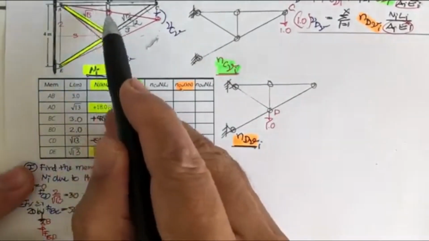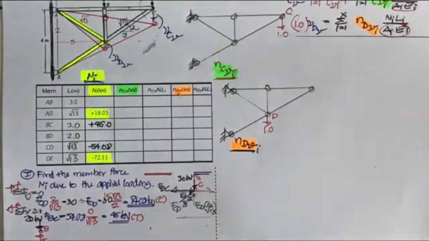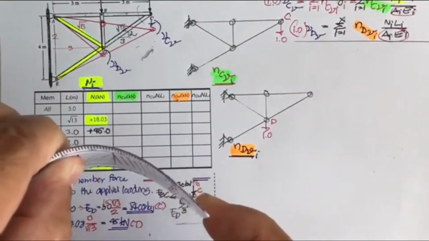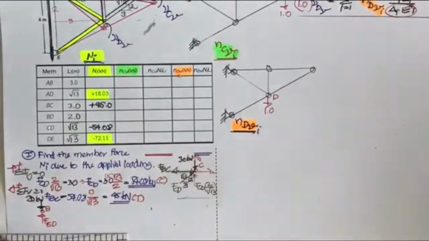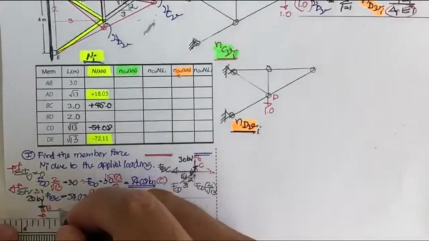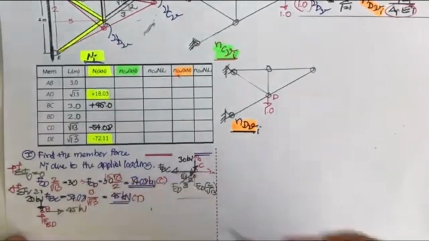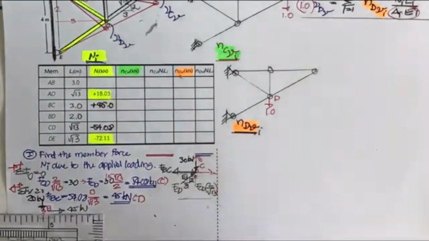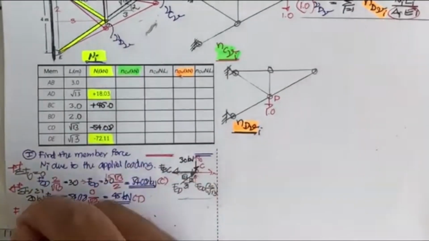As I mentioned before, from this elastic curve, these two are going to be in tension. It's going to bend something like this: the top in tension, the bottom in compression. Let me move a little bit. We have F sub BC in tension, that is 45 kilonewton, and then F sub AB to balance it.